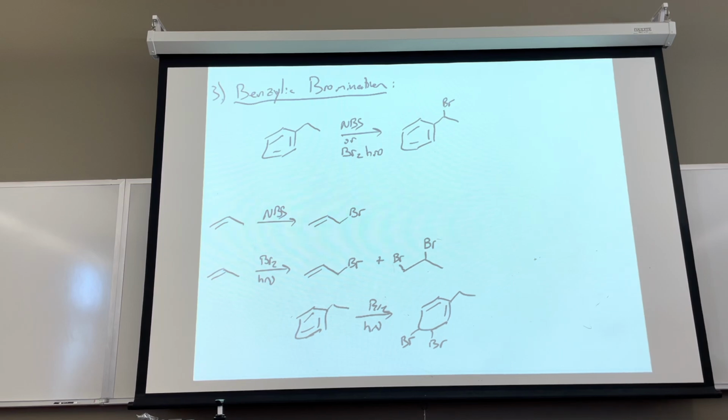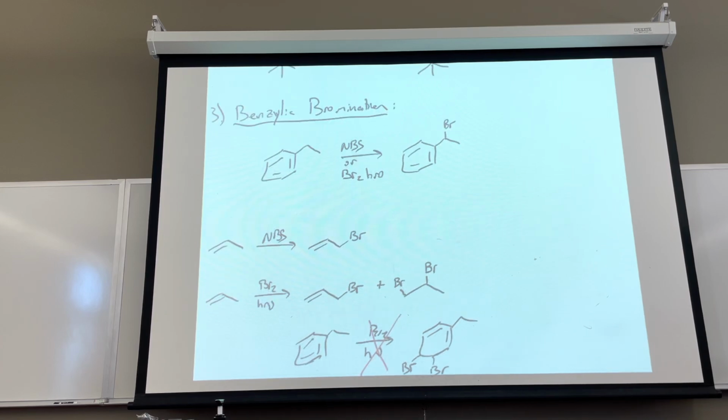No, that's never gonna happen. Because again, you're not gonna lose the aromaticity of the benzene ring. So it doesn't really matter. With benzylic bromination, use whatever you want. You're only ever gonna get the one product. You're only ever gonna make a benzylic bromide. You're never gonna have to run the risk of bromine adding across these double bonds.